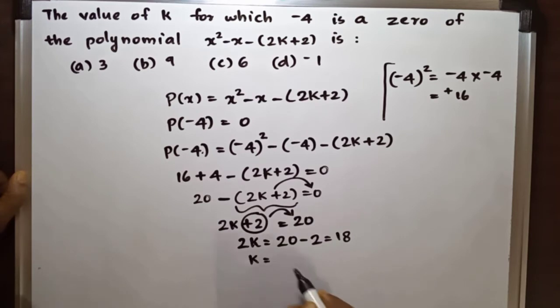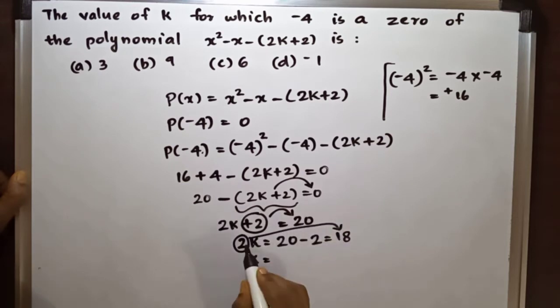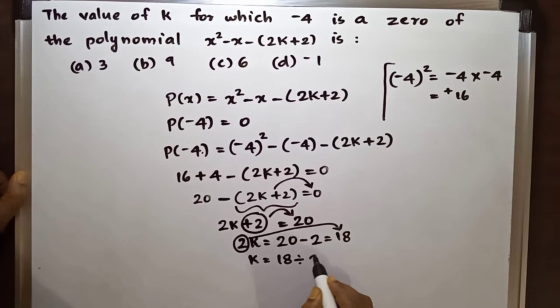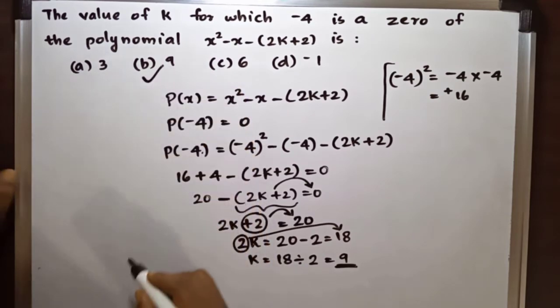Now, what is k? I have to take this 2 to the other side of the equal to symbol. Here 2 is multiplied by k. When taken to the other side, it will become divided, 18 divided by 2, that is 9. So, the value of k is 9. Option B, 9. That is the answer.